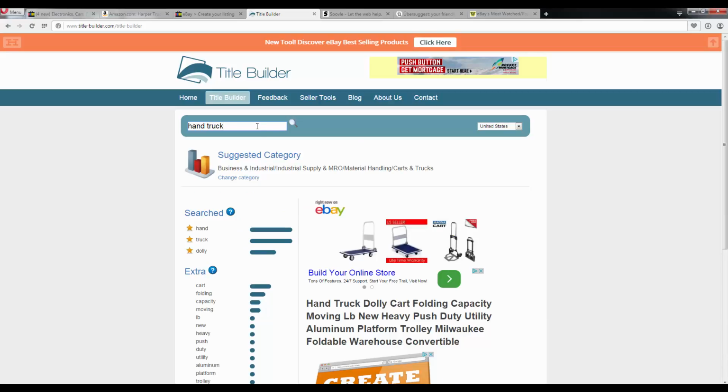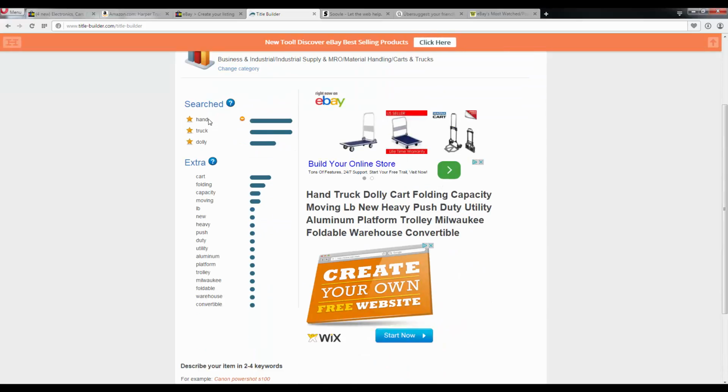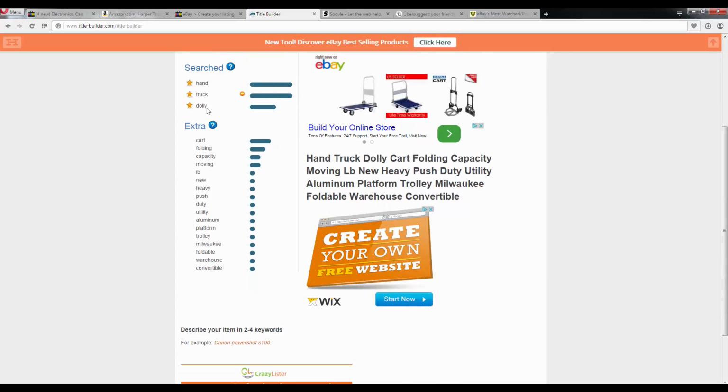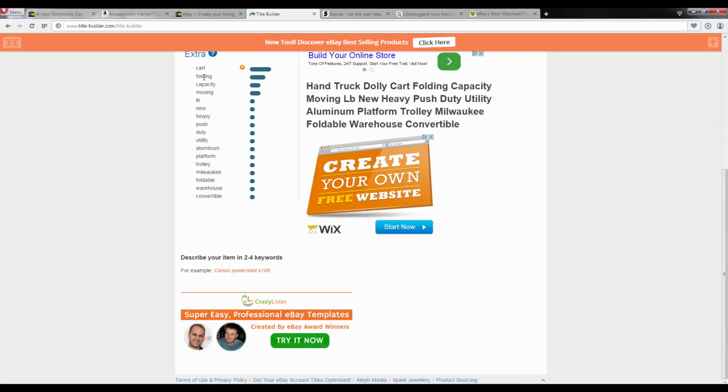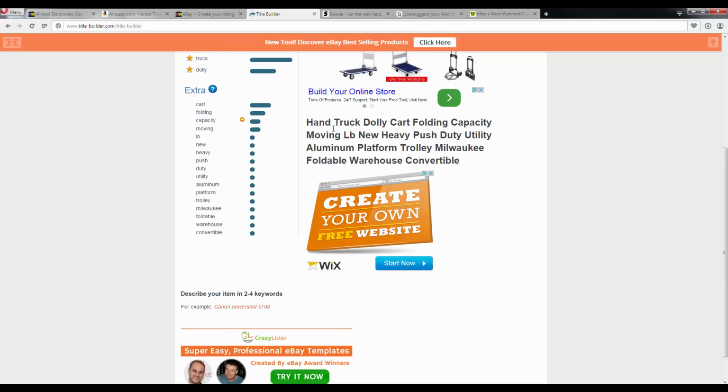Okay, so we see here that hand and truck are both searched quite a bit. Dolly comes up quite a bit as well. You know, dolly would be a good word to include in there. Carts, folding, capacity, moving, LB for pounds, right? New, heavy, push, duty. So all these keywords here are things that we could use in our particular listing.